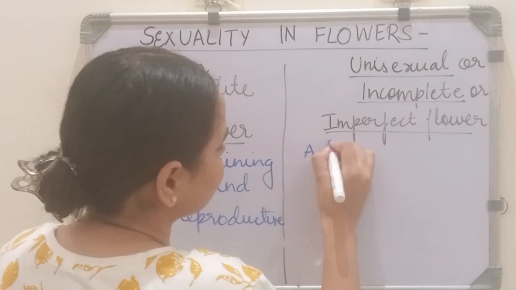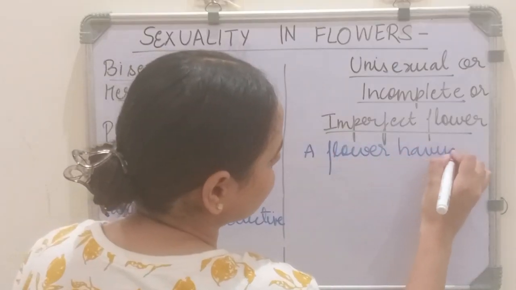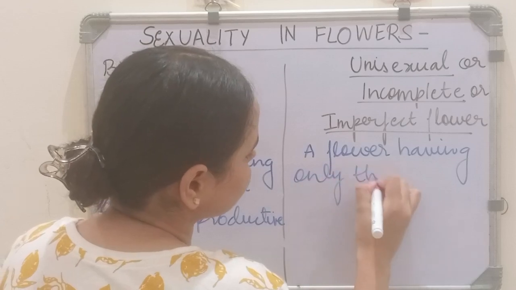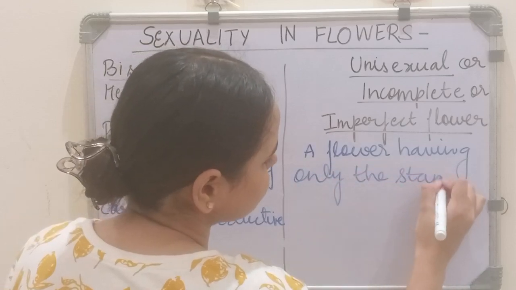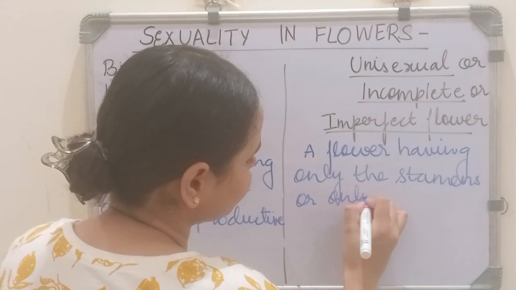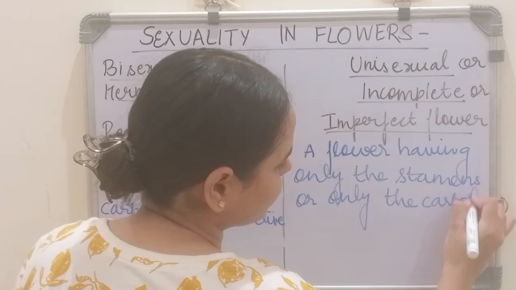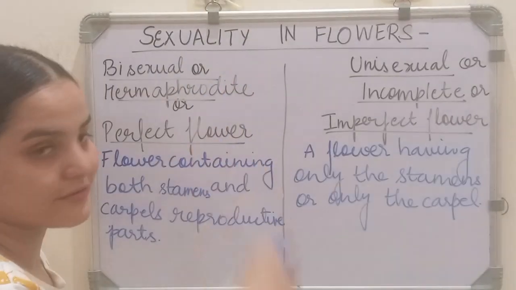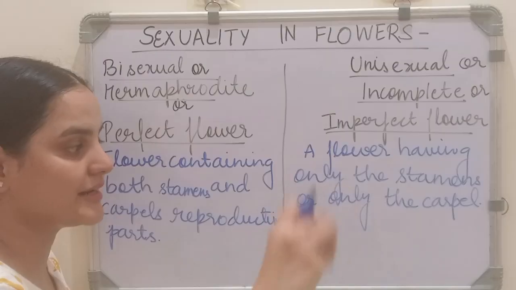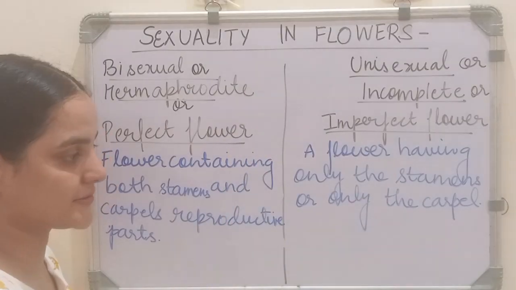So a flower having only the stamen or only the carpel. Okay, so one flower will have the stamens and another flower will have the carpel. They are present separately on different flowers.